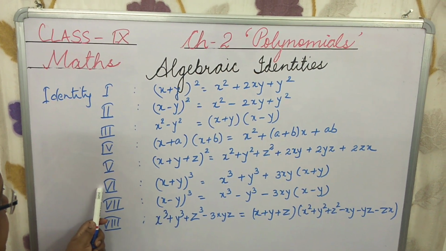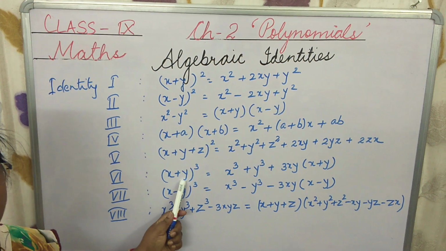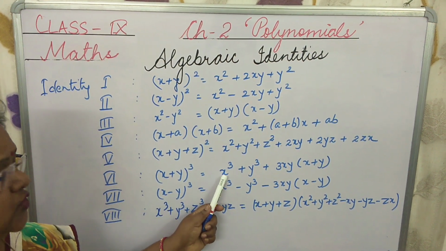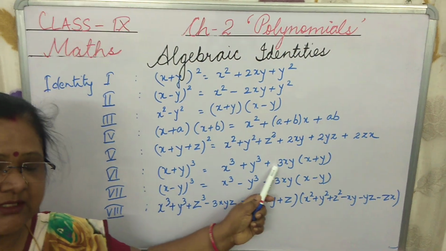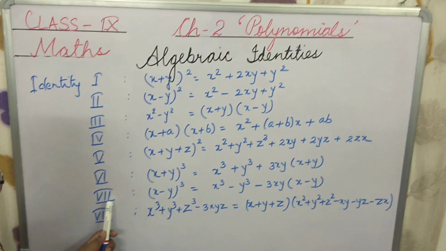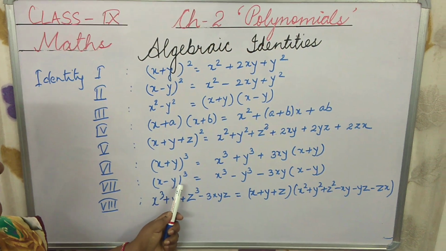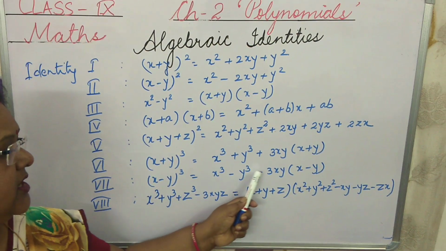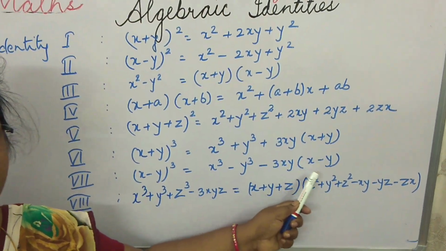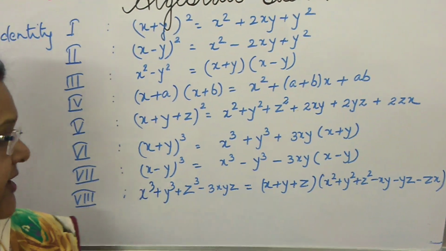Sixth identity is (x + y)³ = x³ + y³ + 3xy(x + y). Seventh identity is (x − y)³ = x³ − y³ − 3xy(x − y).